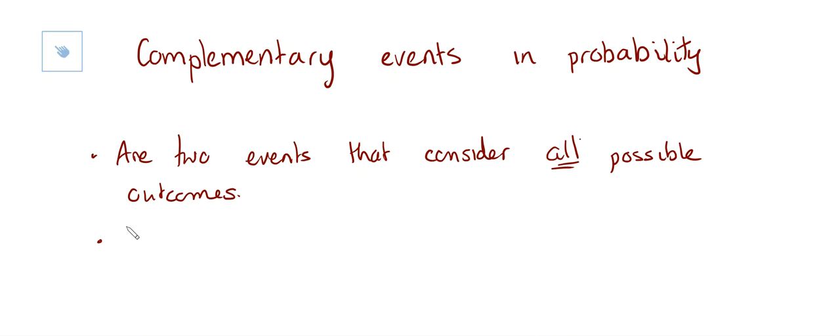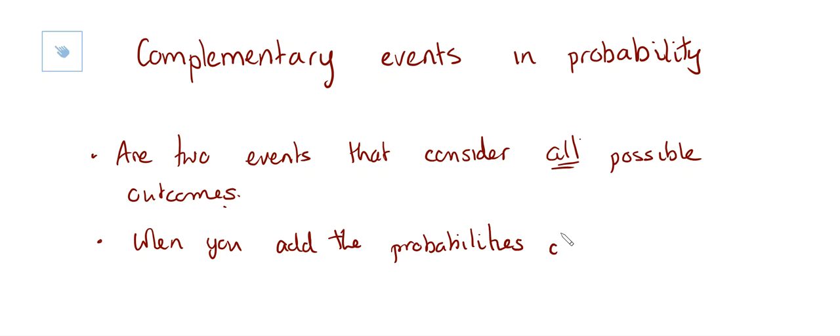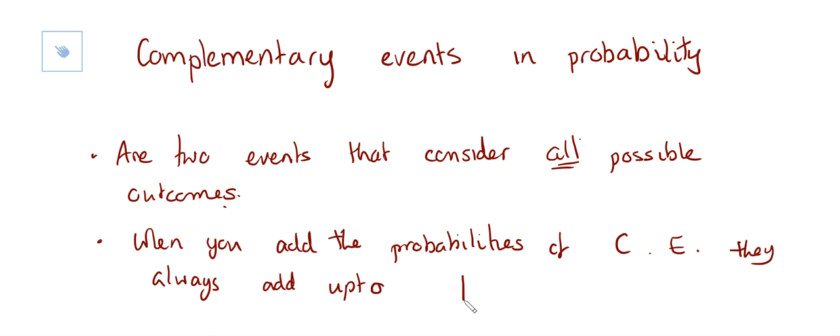That should be events, events is the vocabulary you're using. When you add the probabilities of complementary events, they always add up to 1 or 100%.